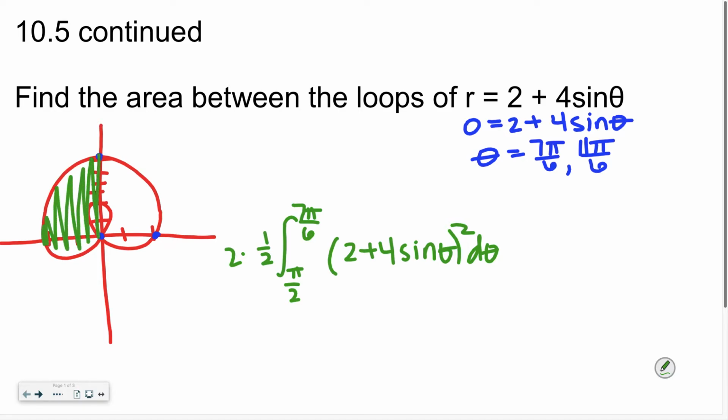This is giving us all of that. But we colored over the loop, correct? Yeah. How do you get rid of the loop? You subtract out the loop, which is from 7 pi over 6 to 3 pi over 2. If we wanted to double it, yes, we could double the integral from 7 pi over 6 to 3 pi over 2.